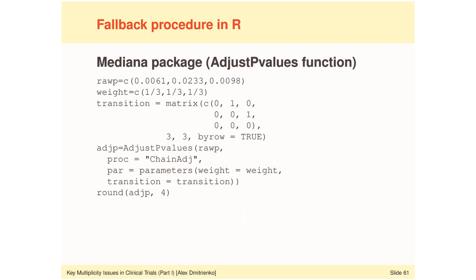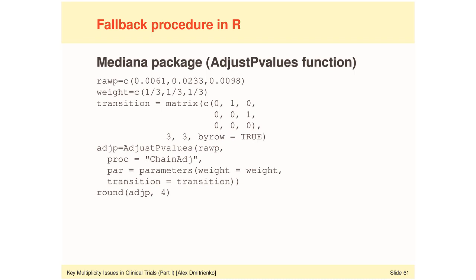As you may remember from Module C, to call the adjust p-values function, there are two required objects. The first one is raw p, it's the vector of raw p-values. And the second parameter, proc, defines the multiple testing procedure. In this case, it is set to chain adjust to implement a multiplicity adjustment based on a general chain procedure.